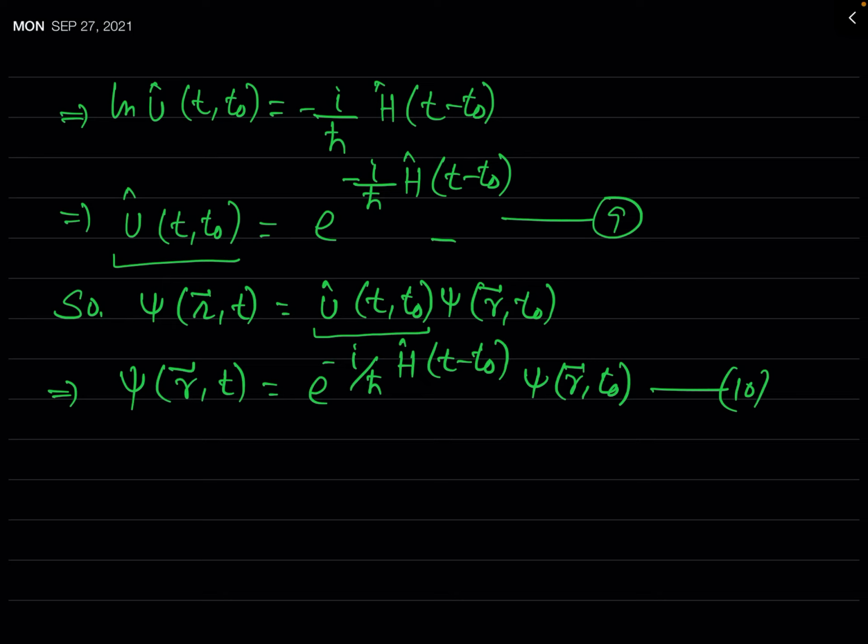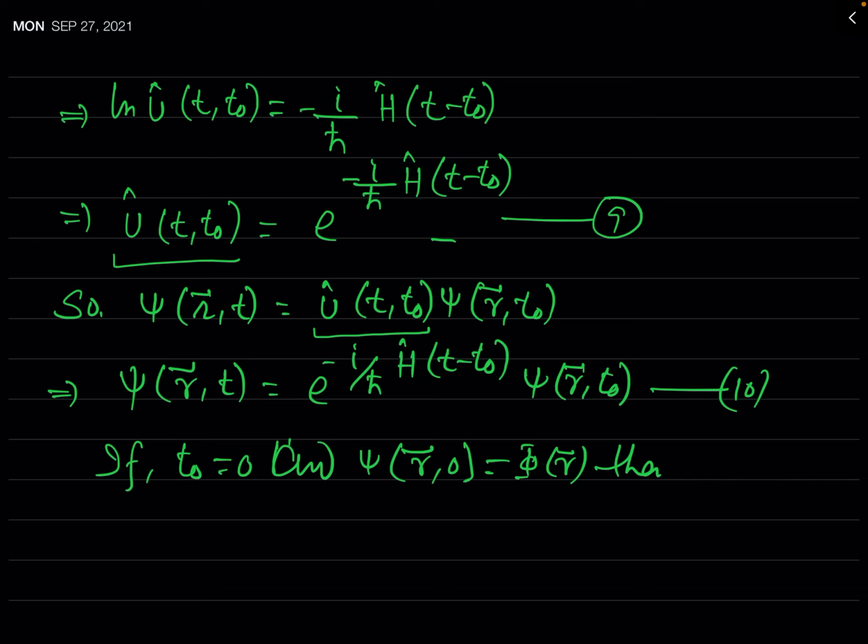Now, if we consider that our initial time, that is the reference time t0, to be 0, so we take t0 equal to 0 and at the same time we write psi(r, 0) equal to phi(r), then this equation 10 will be psi(r, t) equal to e raised to the power minus i over h bar H hat times t, acting on phi(r).